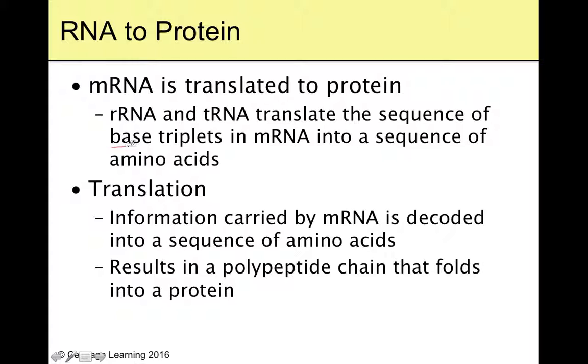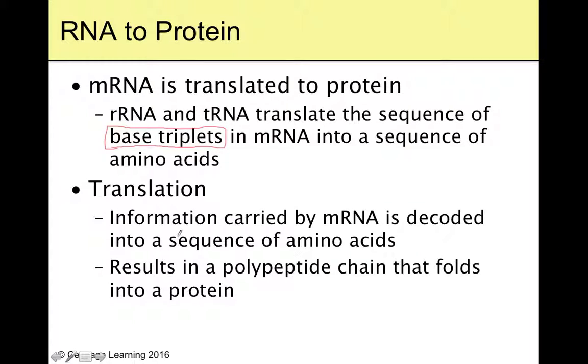These base triplets here, those are called a codon. Codon is important. They read 3 letters at a time, and they're going to code for a specific amino acid, and one tRNA will match that codon, and that's how you make a protein.